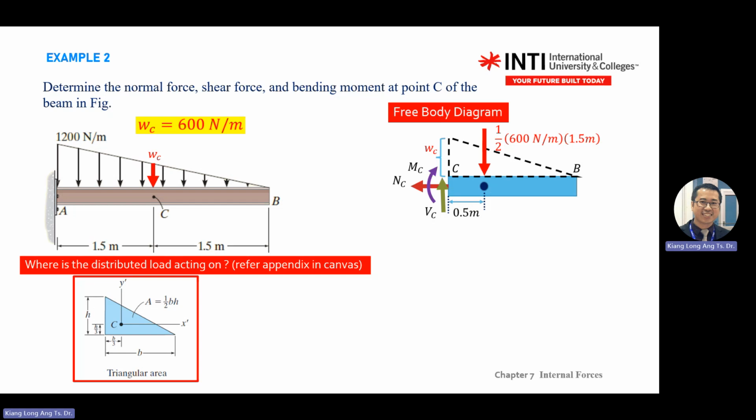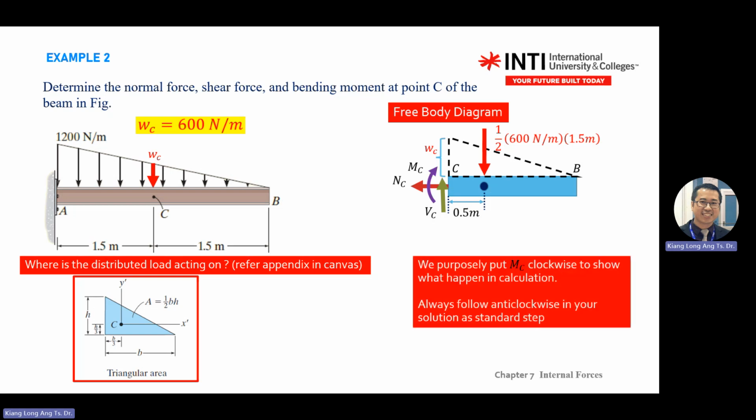It's just that later when you do the equation of equilibrium for the moment part, you will see that you get a negative value. In this case, we purposely put MC clockwise to show what happens in your calculation.